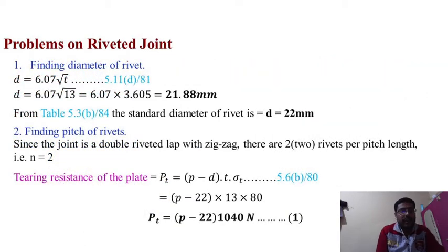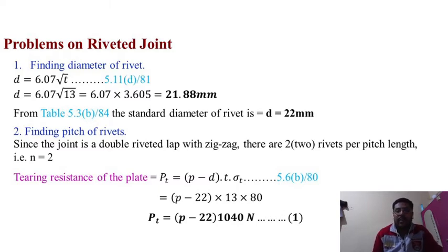So first point, finding the diameter of the rivet. Small d is equal to 6.07 into root t. This is the formula, equation number 5.11 d bar, page number 81 from the data handbook.